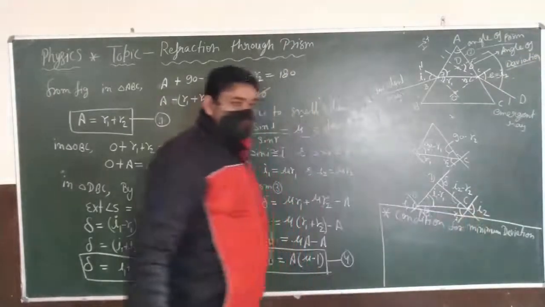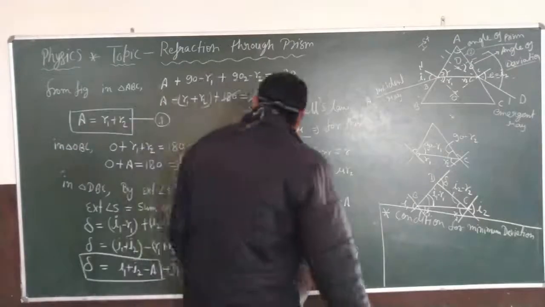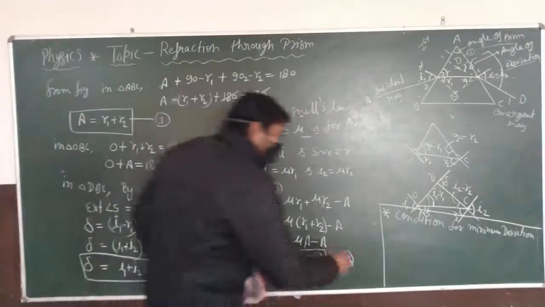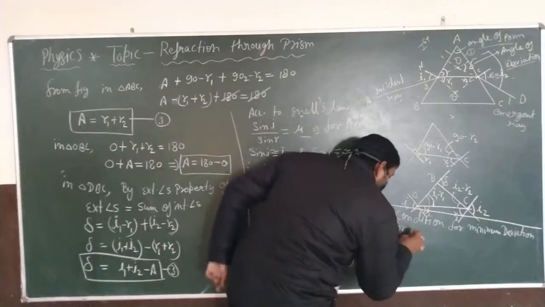For minimum deviation, we are using a small prism.